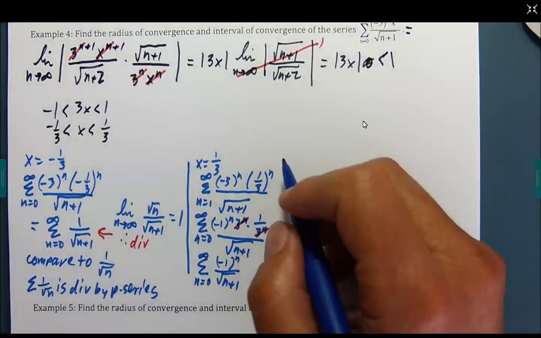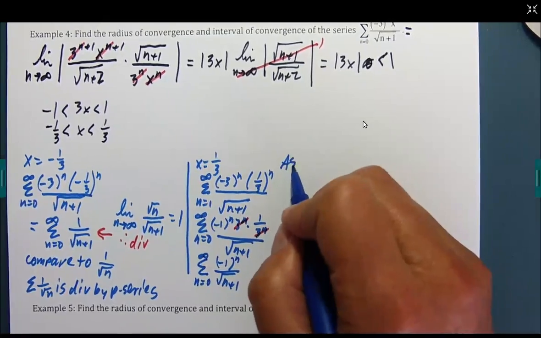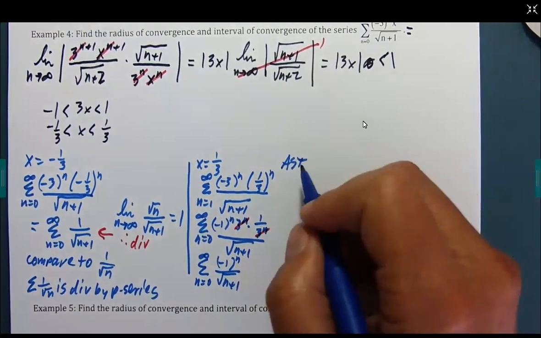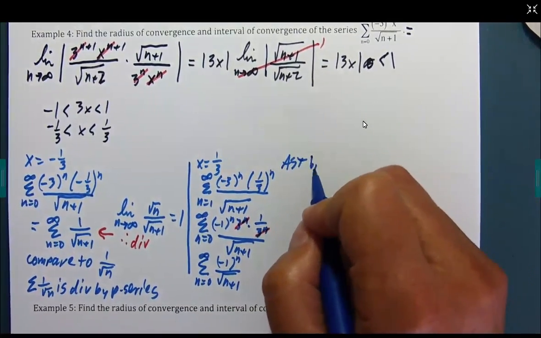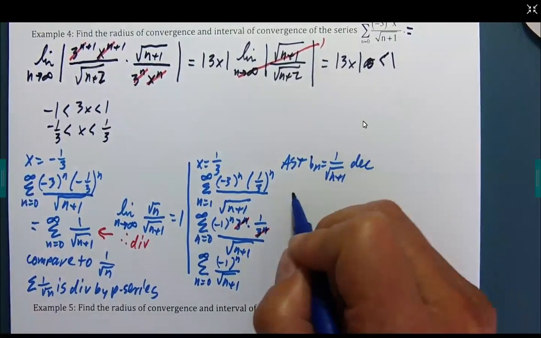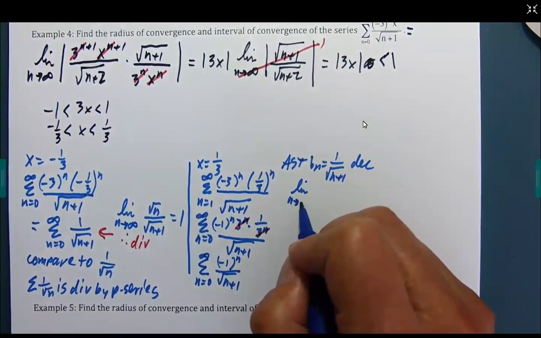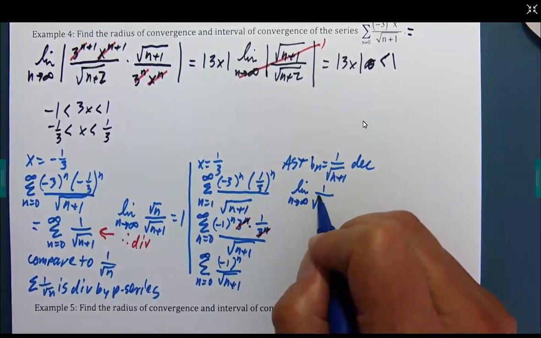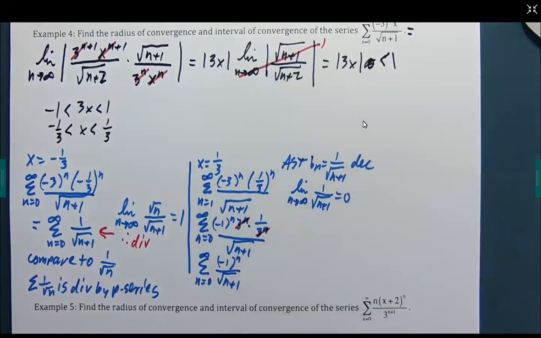Now, this is an alternating series test where b sub n is 1 over root n plus 1, which is decreasing. The limit is 0.